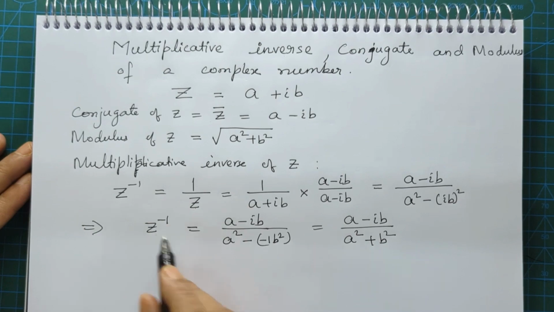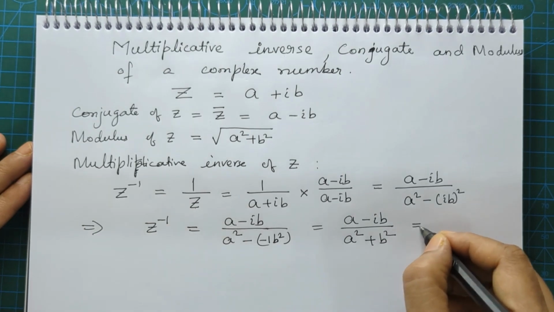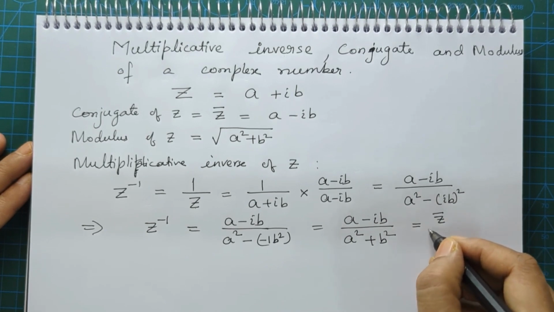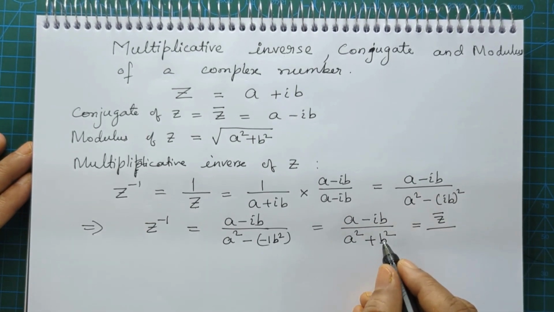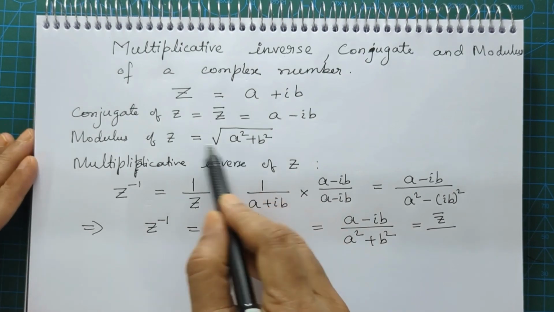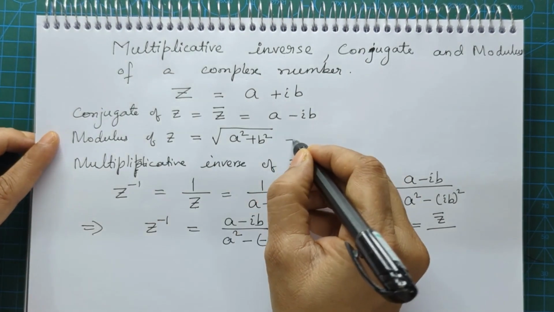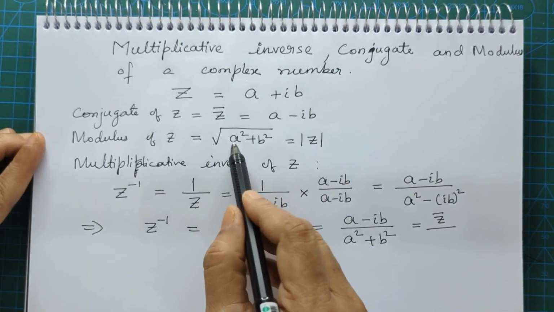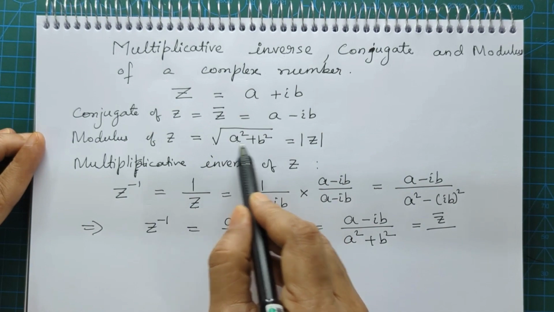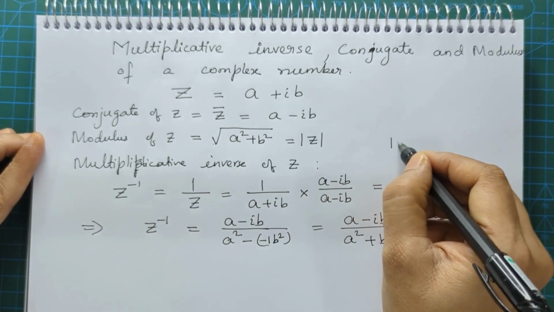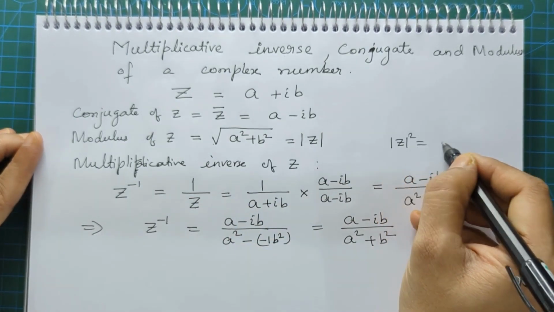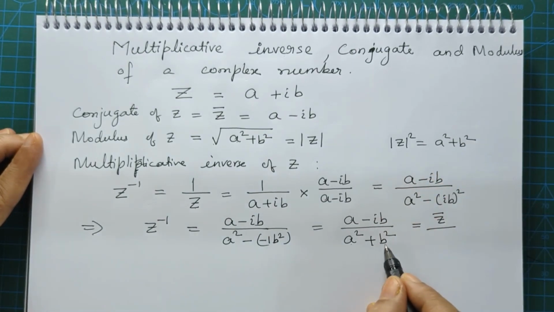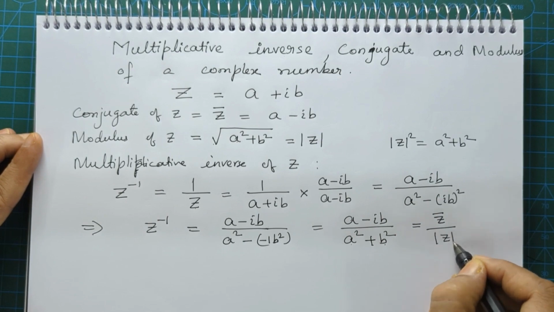So z inverse is this, and what is a minus ib? It is the conjugate of the complex number. And what is a squared plus b squared? The modulus of z is the square root of a squared plus b squared. If we square both sides, we get mod z squared is a squared plus b squared.